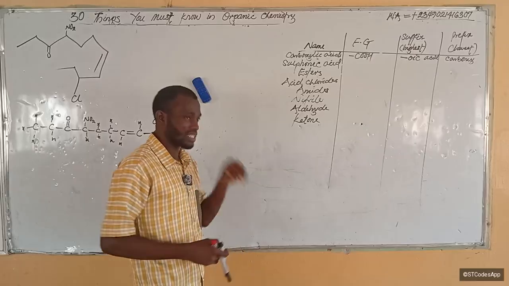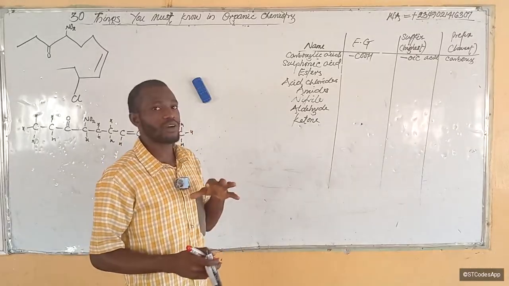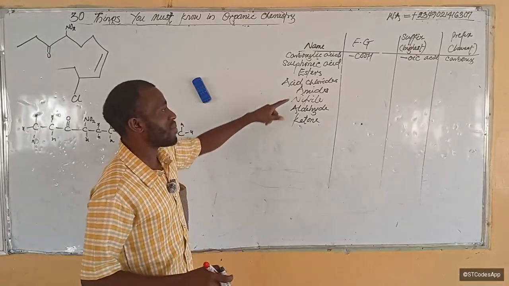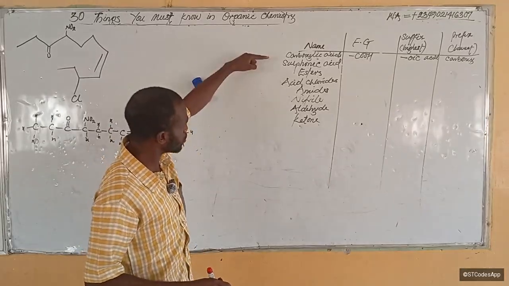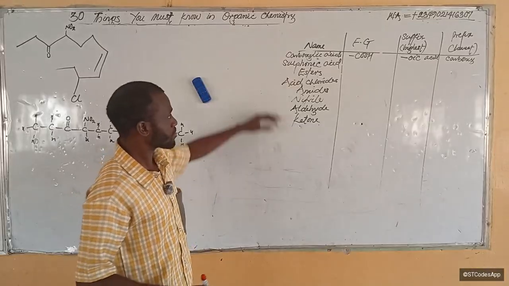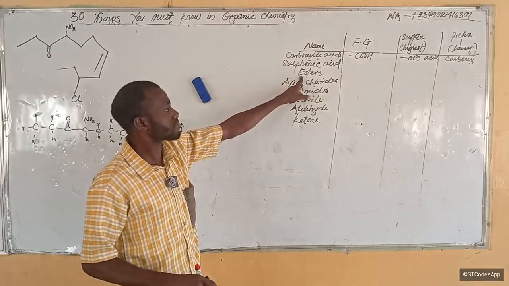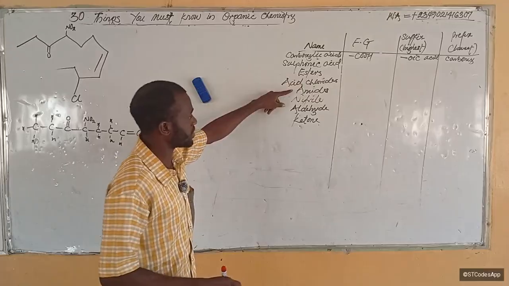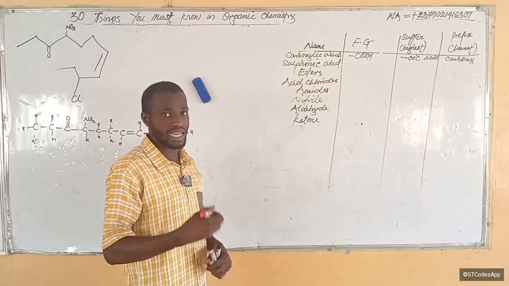You should also know that usually we give priority to those that have terminal functional groups. You notice that most of these are terminal functional groups. Ester is non-terminal. This one is a terminal functional group, so they are usually given the highest priority.